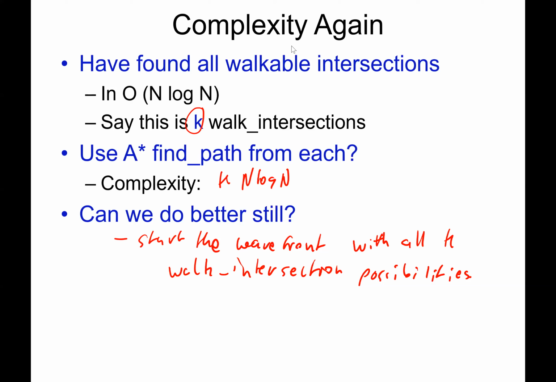Now that I've found those walk intersections, though, I found all the possibilities. I'm doing another search. Okay, so I've started the search again. Now I'm using all driving times because I'm just trying to find the minimum driving path, but I'm saying it could start at any one of these intersections that I could walk to. So when I start that search, what should I put those possible intersections, those nodes, into the wavefront?